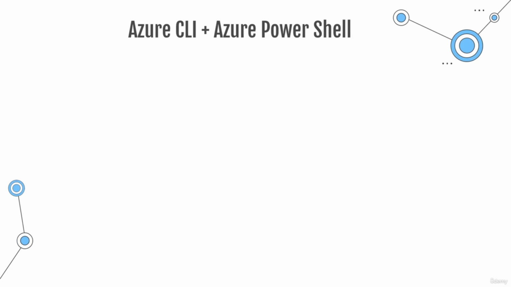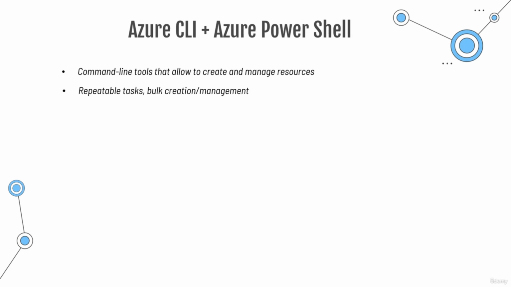These are, first of all, command line tools that allow us to create and manage resources, create services, and configure them. Everything that we can do in the Azure portal, we can also do by using these command line tools.